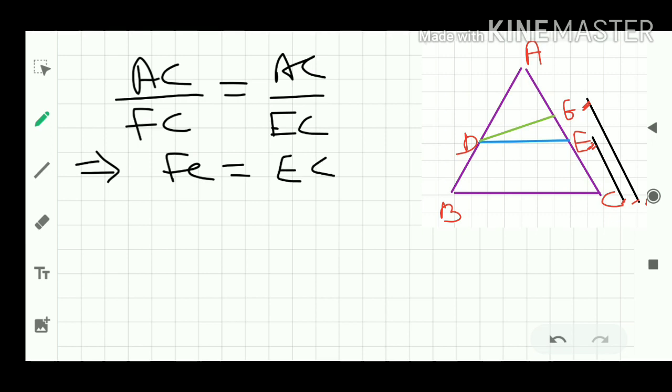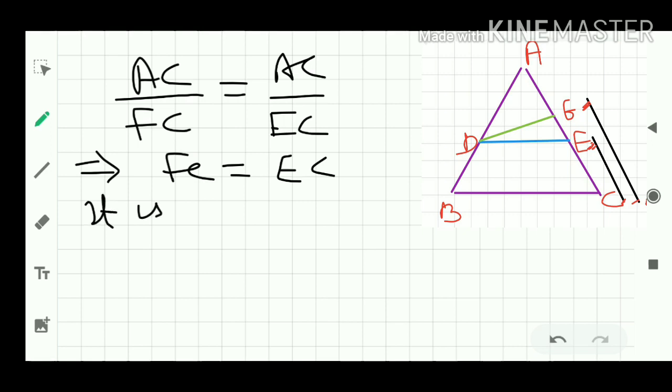But we can see in the picture that FC is not equal to EC, yet it comes FC equal to EC. So how is it possible?